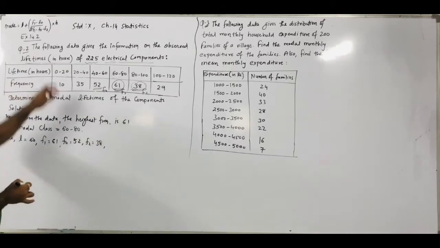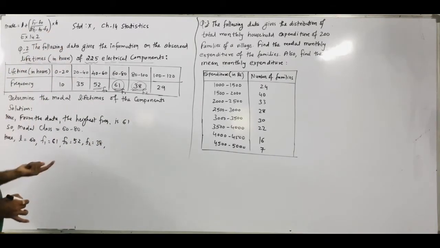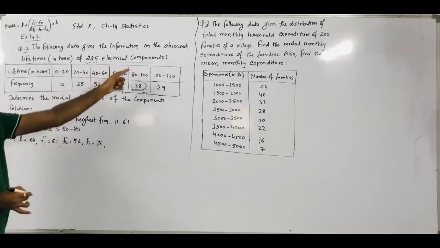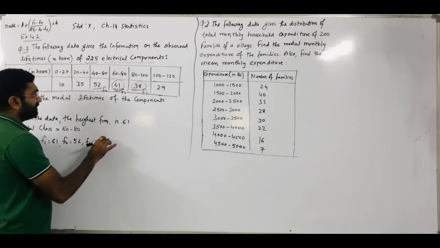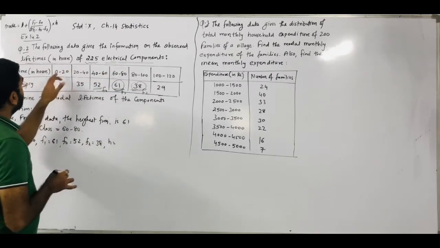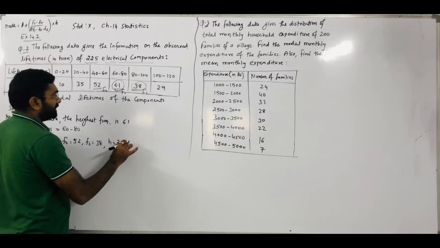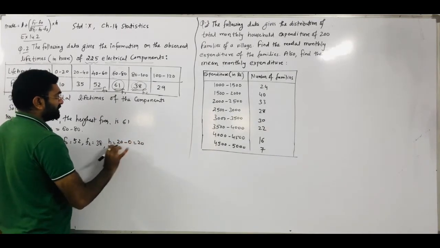And we require the H value. H means class size. Observe the classes are continuous, so from the first class we can define the class size: upper limit minus lower limit, 20 minus 0, so we get H as 20.